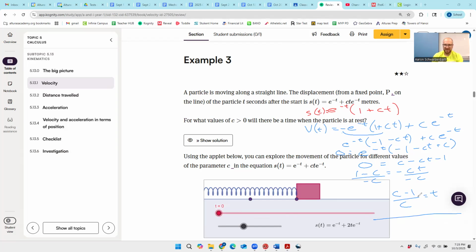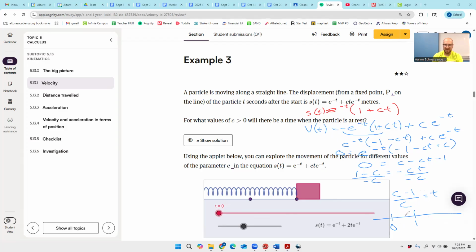This will be 0 when c is 1, because that makes my numerator 0. I know that c has to be larger than 0. And so the question becomes, is there a time when velocity would equal 0?